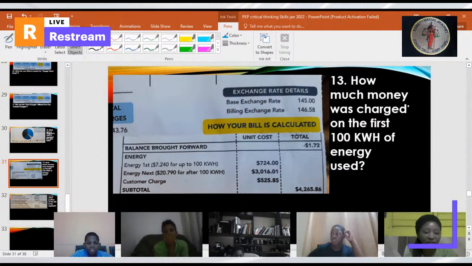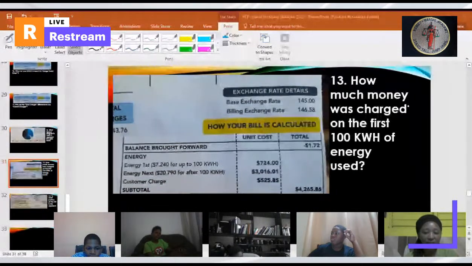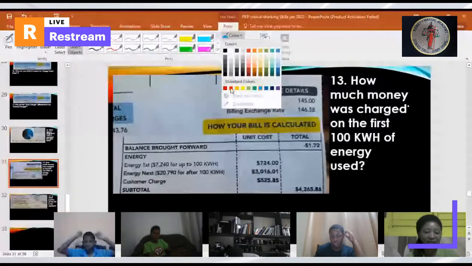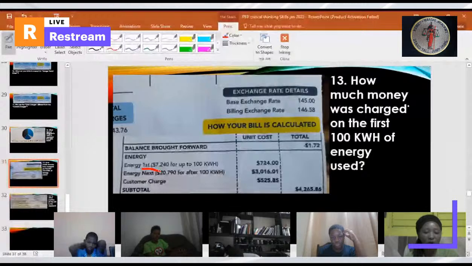If you look at the bill, it's telling you that the first 100 was charged at a different rate from all the rest after that. So look up from where it says energy used: this is the charge for up to 100 kilowatts.